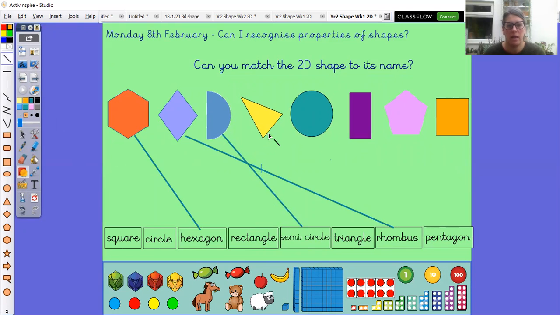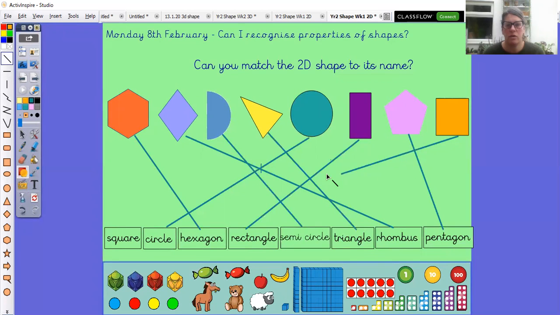And this yellow one here, triangle. And we've got our full circle, which is all the way over here. And then our rectangle, our pentagon, and last of all the way over this side, we've got our square. How did you do?